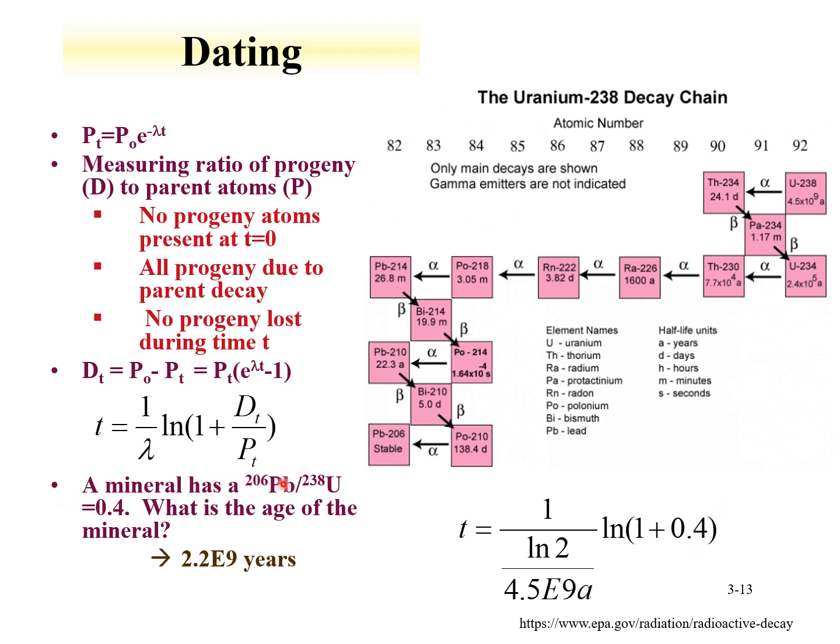At time 0, the progeny isotope lead-206 is not present. At time t, which is now, the progeny to parent ratio is 0.4. So this becomes the inverse of the decay constant times log of 1.4, and you get 2.2 billion years.